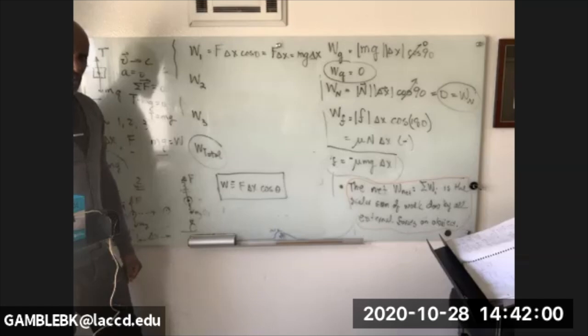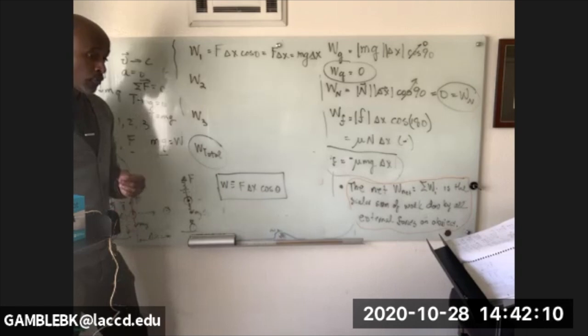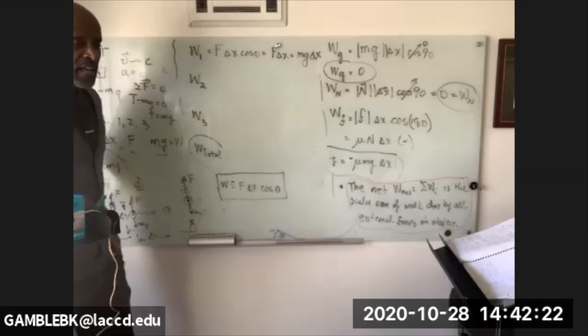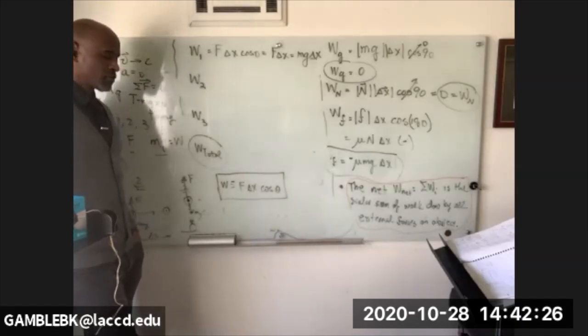What type of mathematical quantity is that? Let me give you a hint. What type of mathematical product is that? You can multiply vector quantities one of two ways. This is one of those ways.